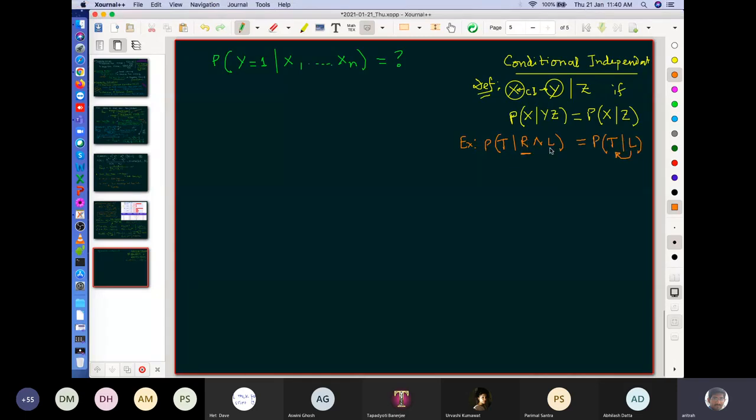Remember, this is very interesting: given this thing, otherwise it may not be conditionally independent. So with this definition, how does it help? Let us try to see mathematically. We are trying to invoke this training by using the Bayesian rule.